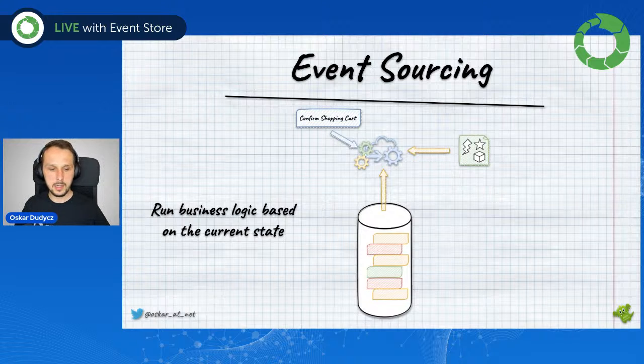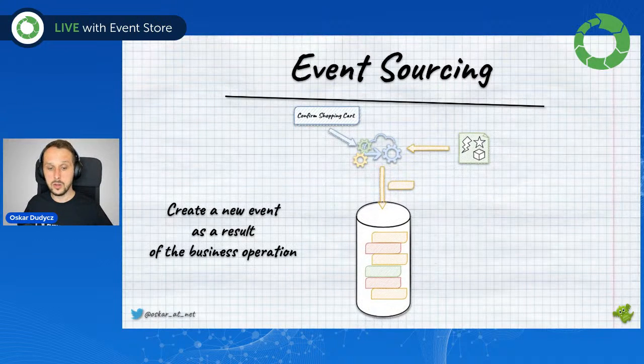We are just running the whole business logic, and as a result, we are appending a new event to the stream. And that's the second difference. The first one is that we are retrieving state from events, because that's where the event sourcing name comes from. So we are treating events as our source of truth. And then we are running business logic in a classical way. And the next step is to just store another event.